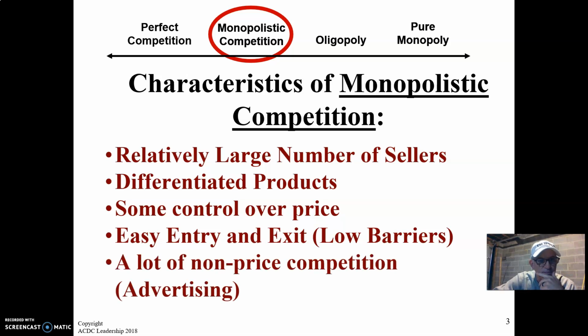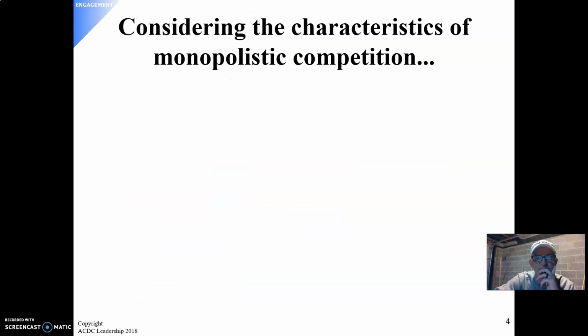Okay. They do a lot of non-price competition advertising. You think about cereal commercials, stuff like that. They're selling the uniqueness of their differentiated product more than they are the price of cereal. Matter of fact, we rarely see those types of things even advertised.